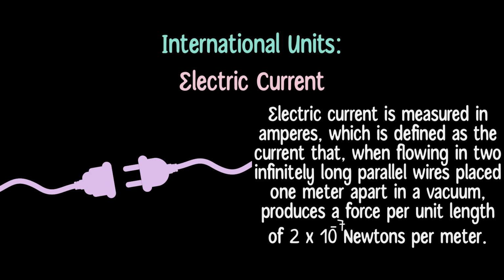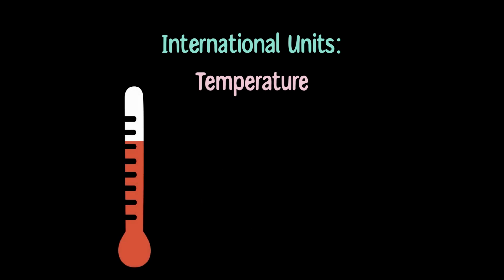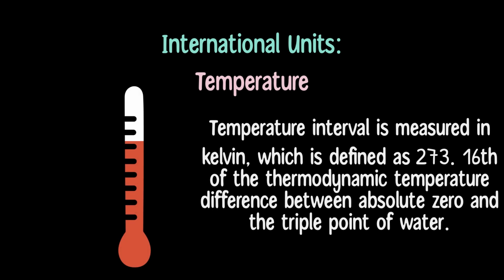Now, let's talk about temperature. A number of prominent scientists, including Newton, came up with their own temperature scales before the Kelvin finally became the preferred scale for scientists in 1954. 1 Kelvin is now defined as 1 over 273.16 of the thermodynamic temperature difference between absolute zero and the triple point of water.